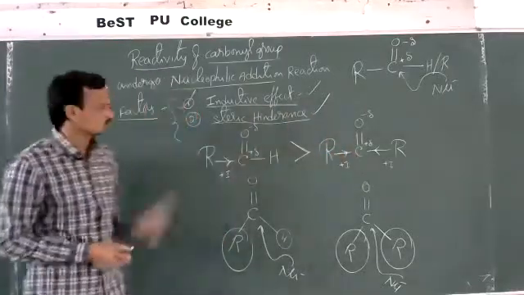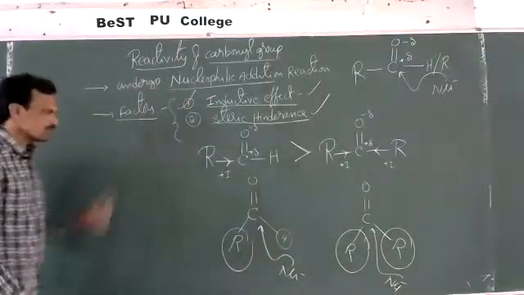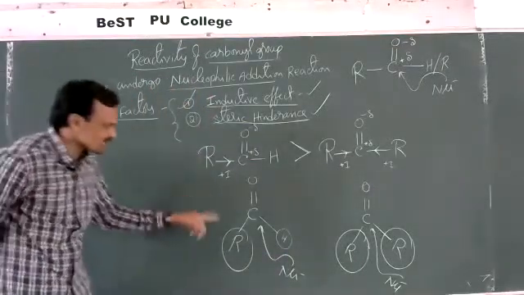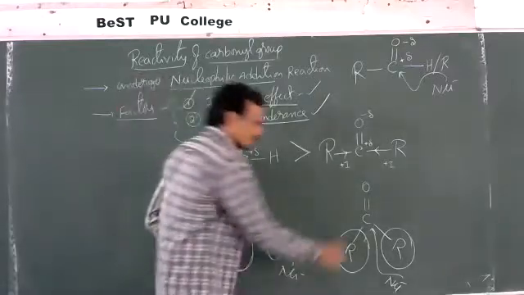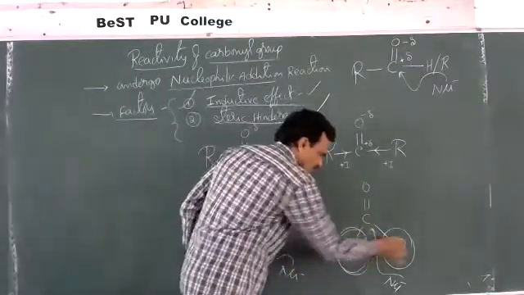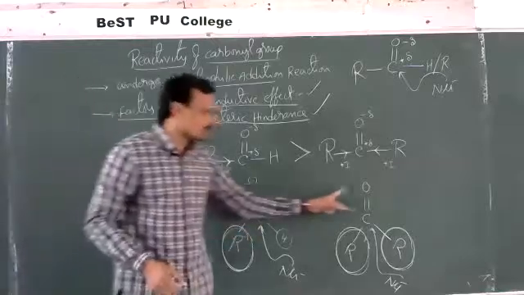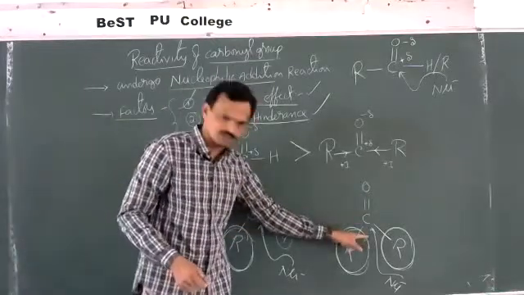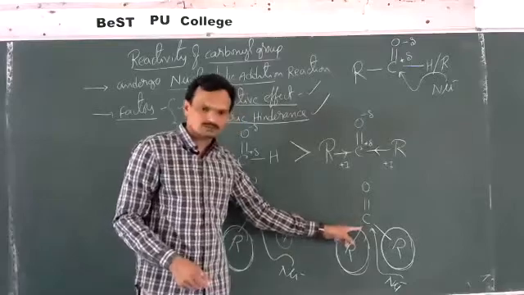ketones. Now, with respect to steric hindrance, if you compare, aldehydes contain only one alkyl group, whereas the carbonyl carbon of ketone is bonded with two alkyl groups. That means the bulkiness around the carbonyl carbon is more in ketones. Means steric hindrance is more in ketones.